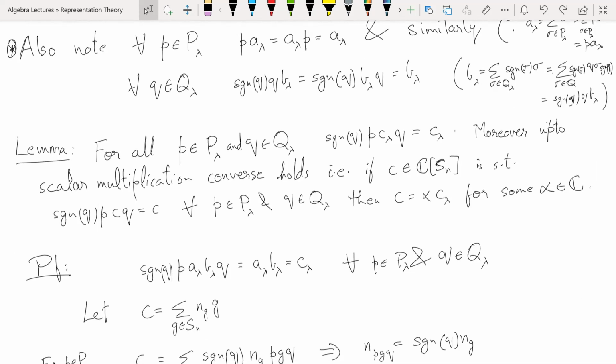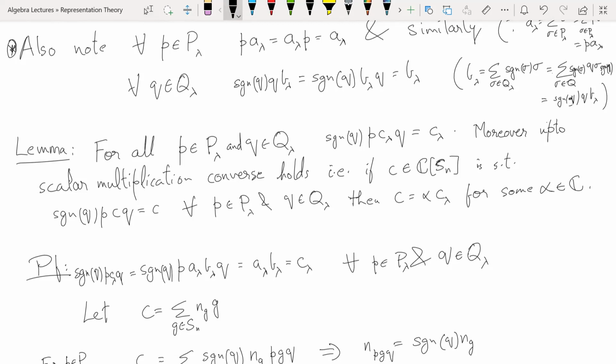So first of all, to prove the usual direction, note that sign of Q times P times C lambda times Q is this.